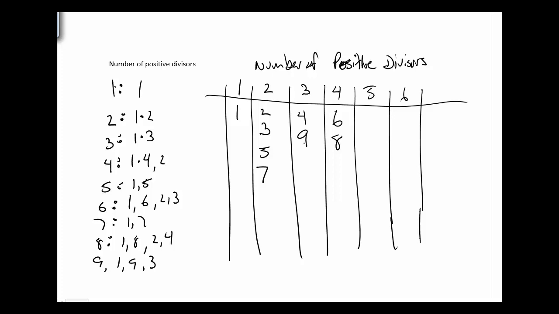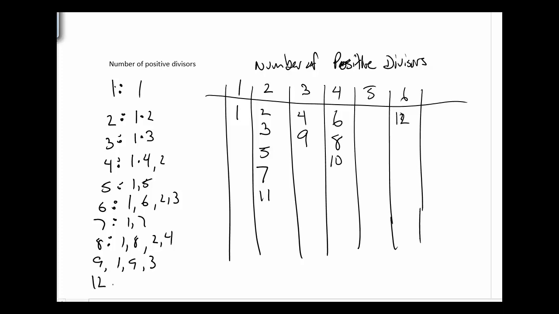And so we can keep going. 10 would have 4 divisors. 11 would just have 2. Let's see, 12. 12 would be over in 6.